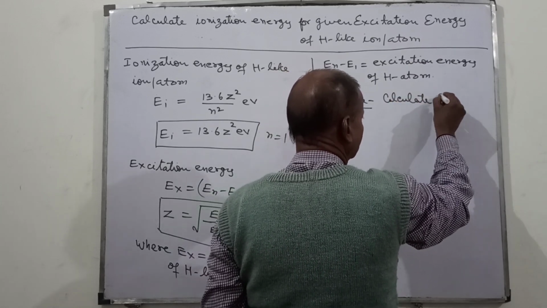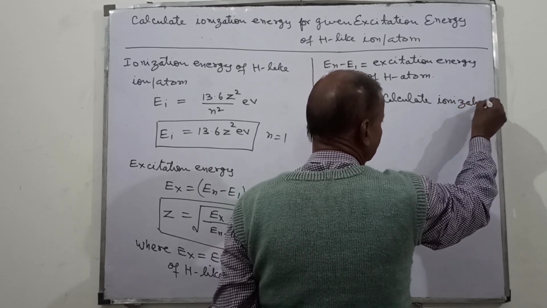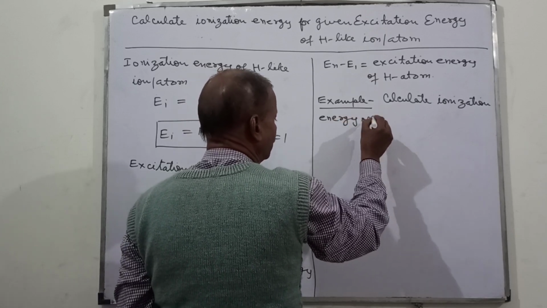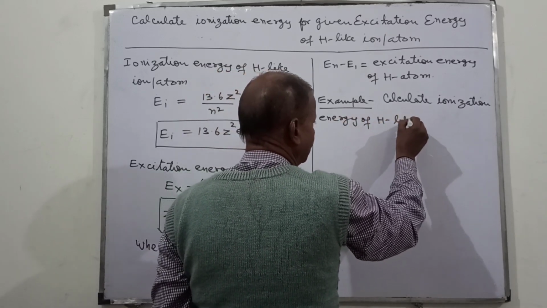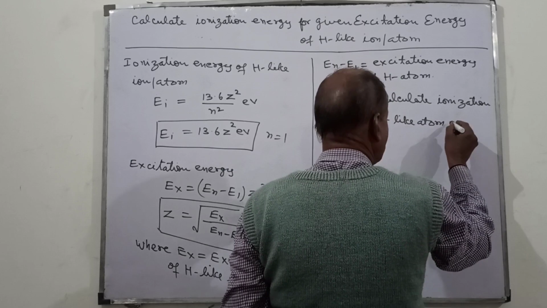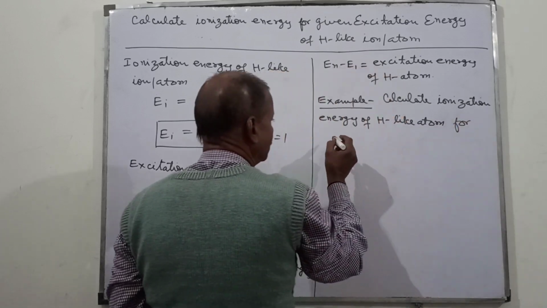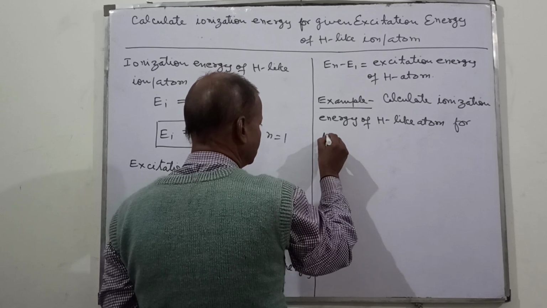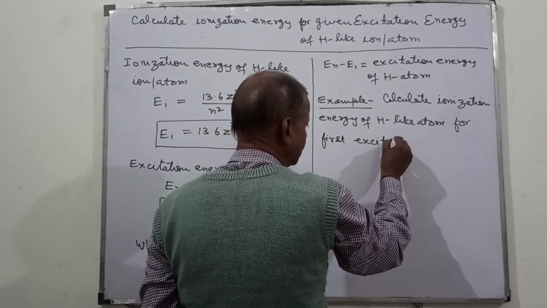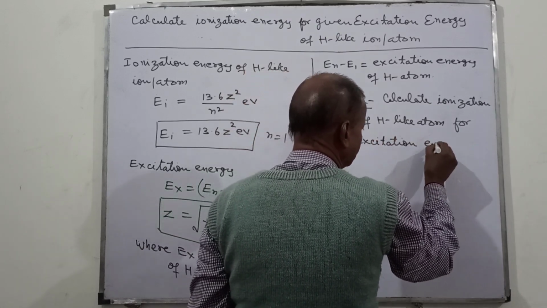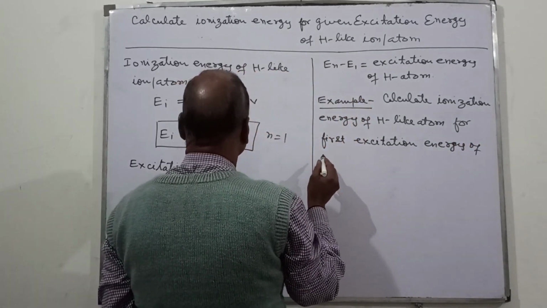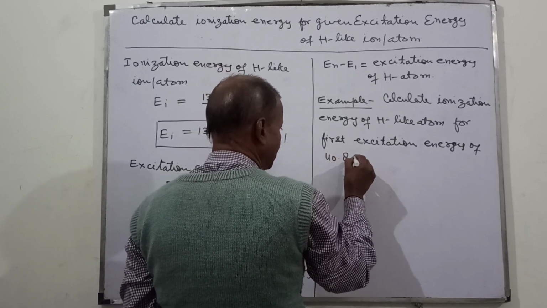Calculate ionization energy of hydrogen-like atom for first excitation energy of 40.8 electron volt.